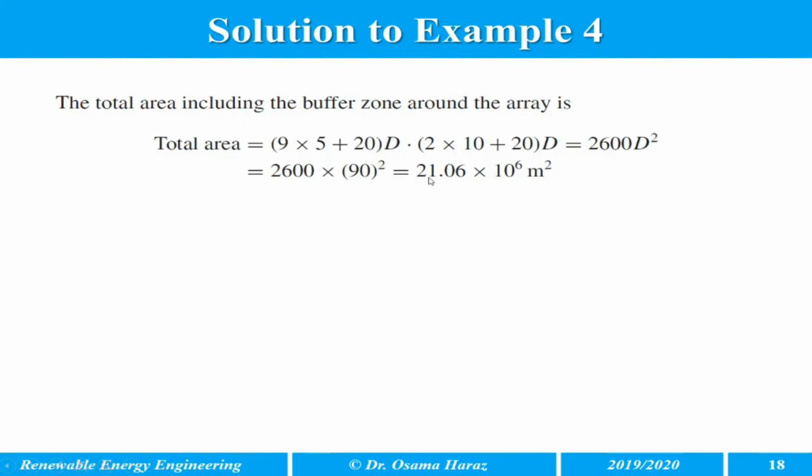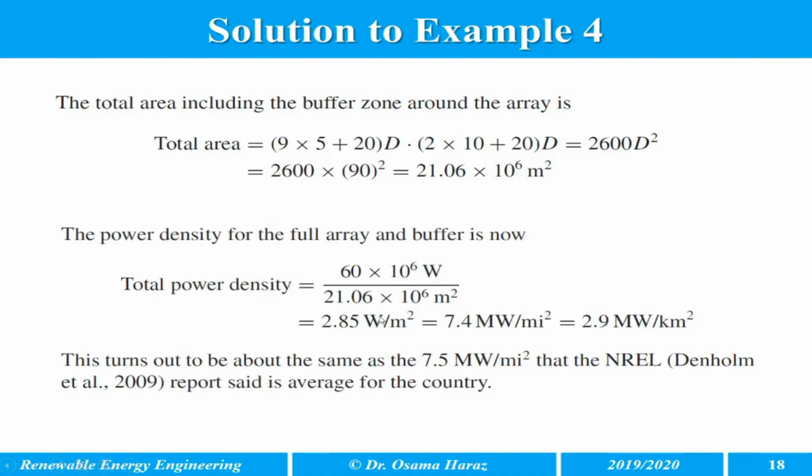And D is 90, so it will end up with 21 times 10 to the power 6 square meter. So when you divide the same power by the new area, you end up with a new power density, which is 2.9 per kilometer squared, or per mile squared 7.4.